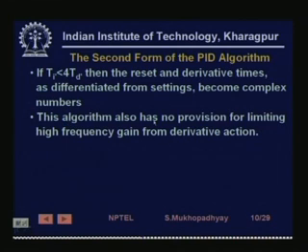On the other hand, the second form does not have that 1 plus denominator with the derivative term. That denominator is actually used for limiting the derivative gains, as we have pointed out earlier, because the sensor signal may contain noise, and then the derivative will give you very noisy signals.